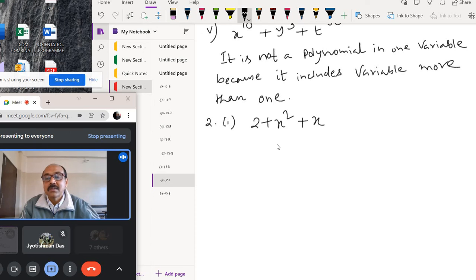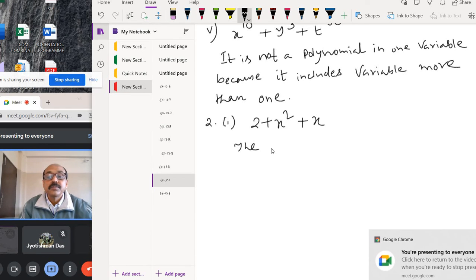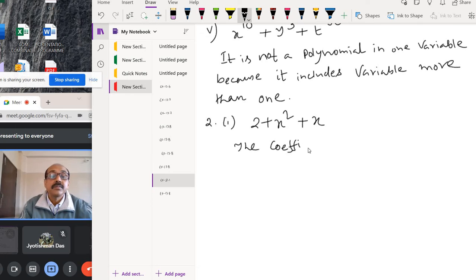That means x square is 1 times x square. So the coefficient is 1. Okay, sir. The coefficient of x square is 1.